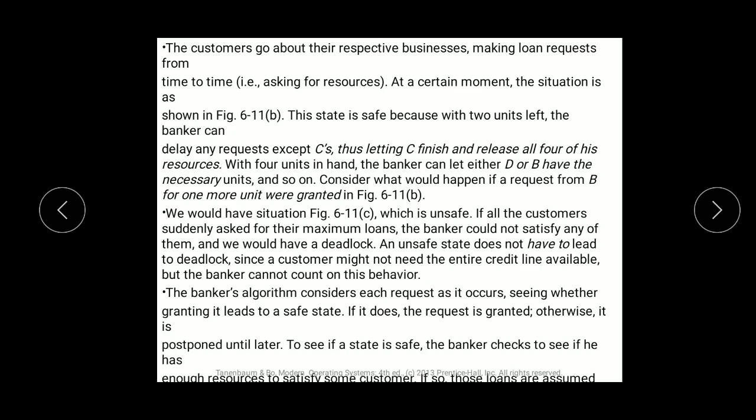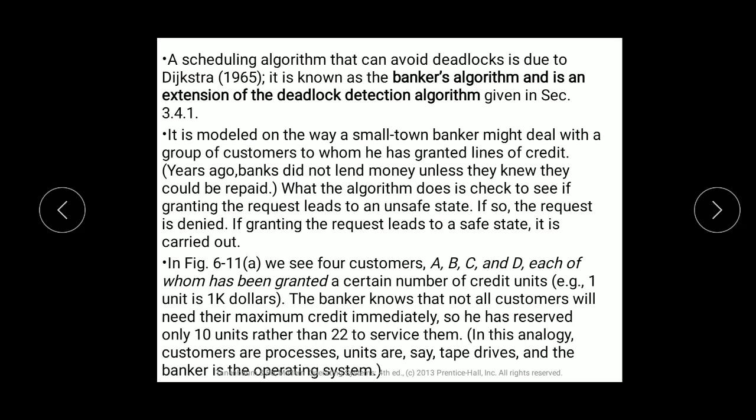The state is safe because with 2 units left, the banker can delay any request except C's, thus letting C finish and release all 4 of those resources. With 4 units in hand, the banker can let either D or B have the necessary units, and so on. So they have explained it in such a way that the banker has to grant the units, that is, my operating system has to grant the resources to my process.